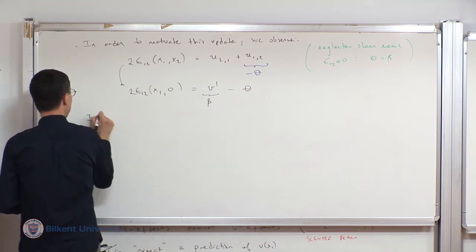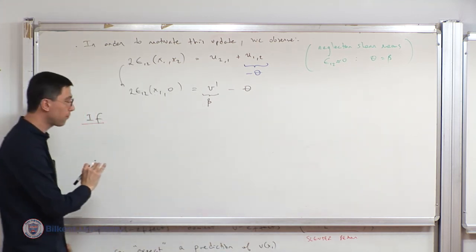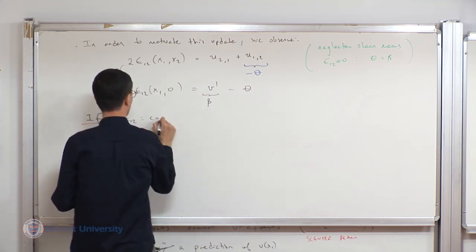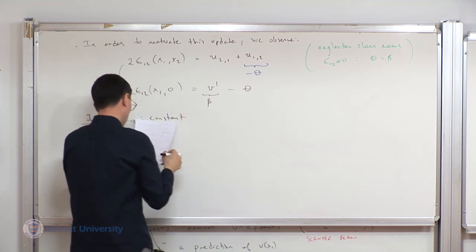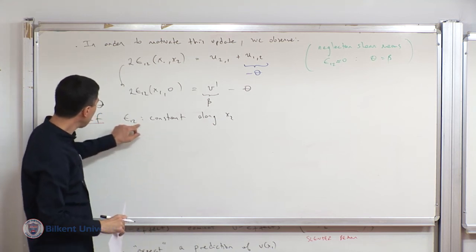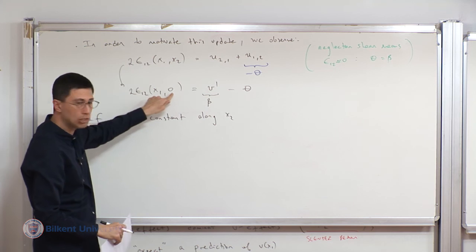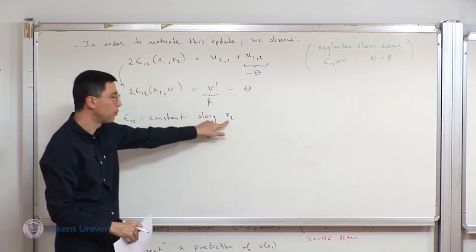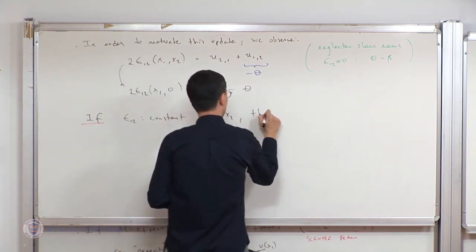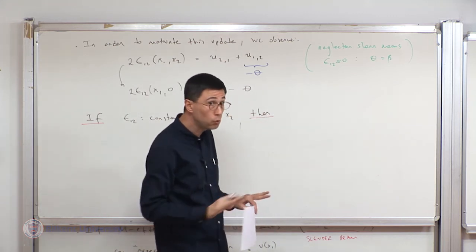So now let us imagine, okay? So if I highlight that, if epsilon 1,2 is a constant along the x2 coordinate, its value at x2 equals 0 is the same as its value anywhere for all x2. All right? So then, let me also say, if this holds, in general it will not hold, right?